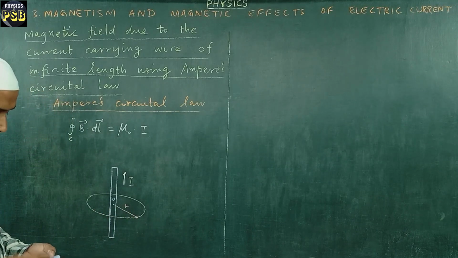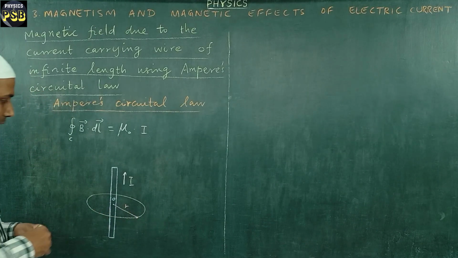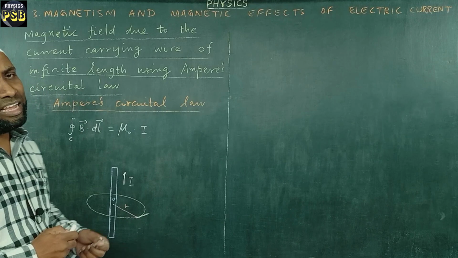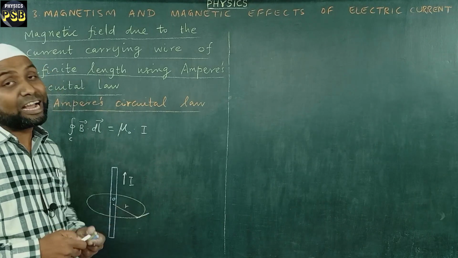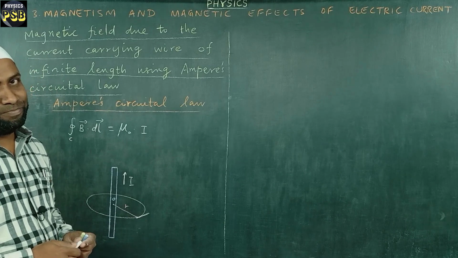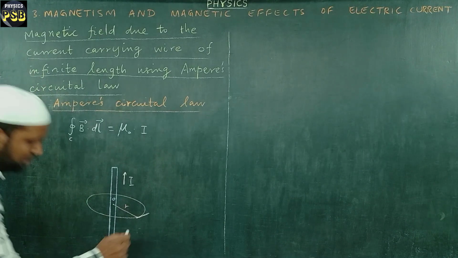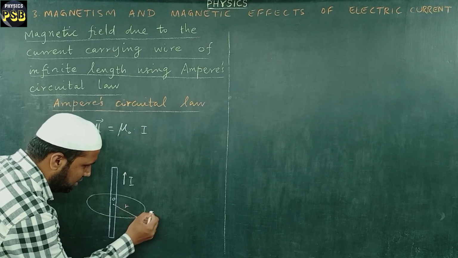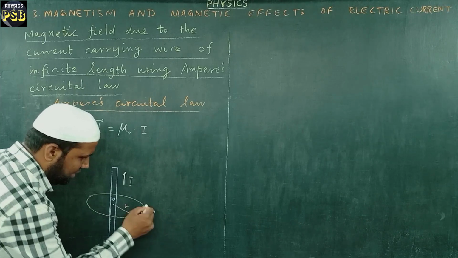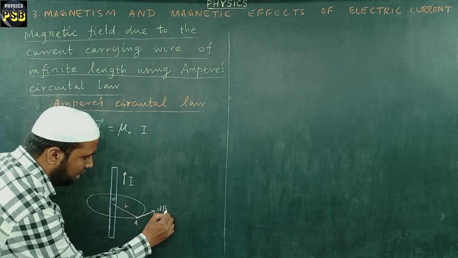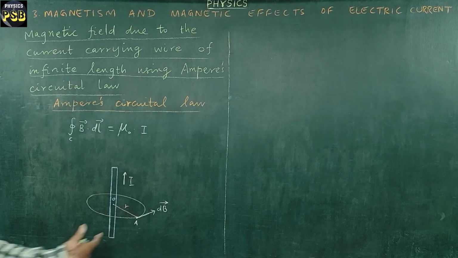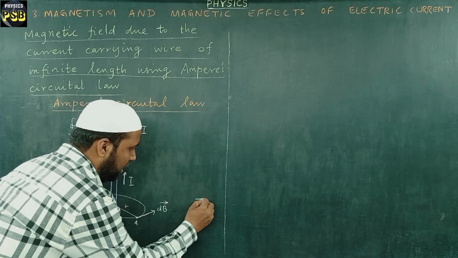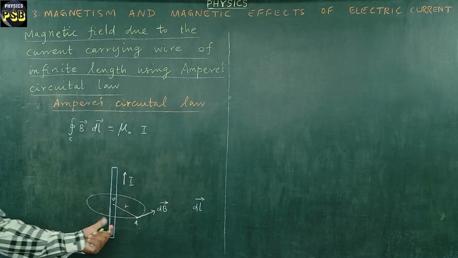After that, I draw a tangent here. We know what a tangent is. A tangent is a line that touches a curve or a circle. I take this point as A, and this tangent provides us the direction of the magnetic field due to the line element dl along the tangent.